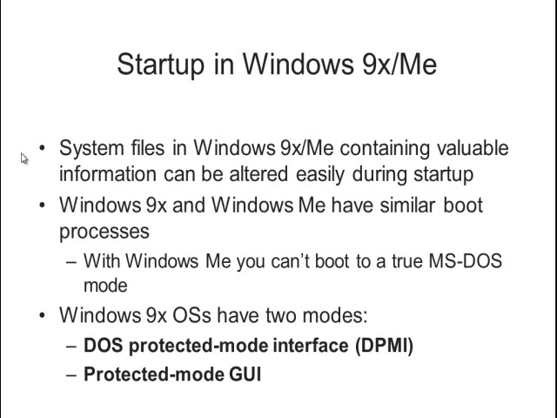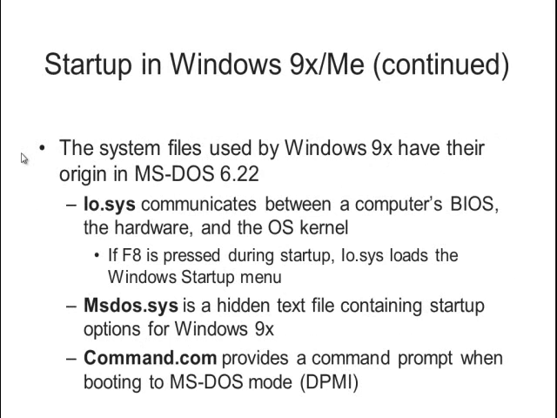System files. The system files Windows 9X uses have their origin in MS-DOS 6.22. The io.sys file communicates between the computer's BIOS, the hardware, and the operating system kernel.